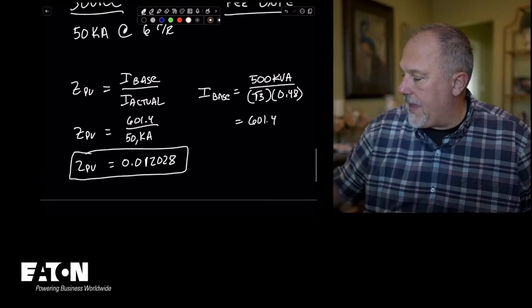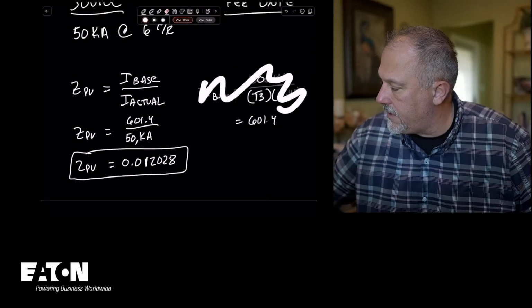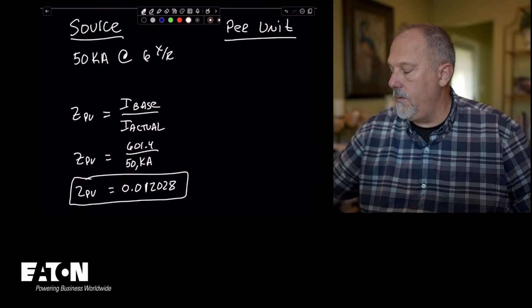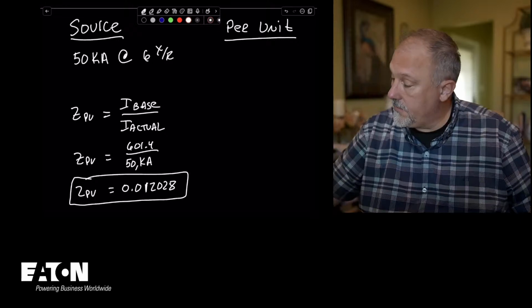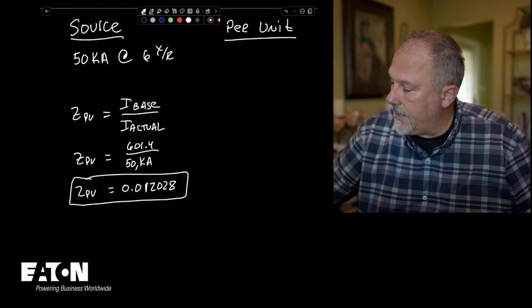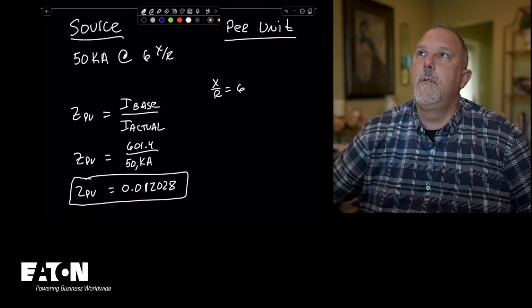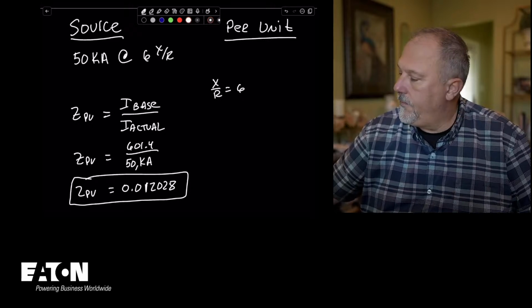Now, we know that X to R is equal to 6. And we need to get the angle.